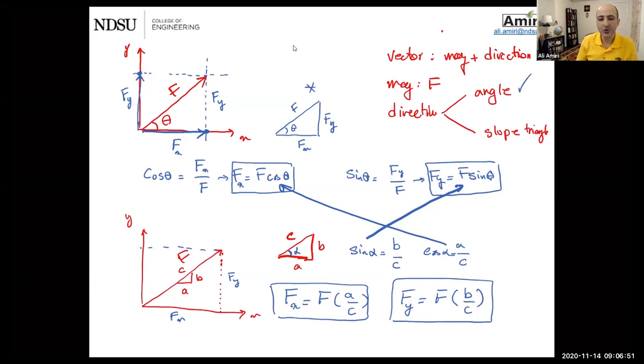These are the two common ways that vectors are given as far as direction is concerned, and you should be able to find the components of a vector. Okay, questions so far?